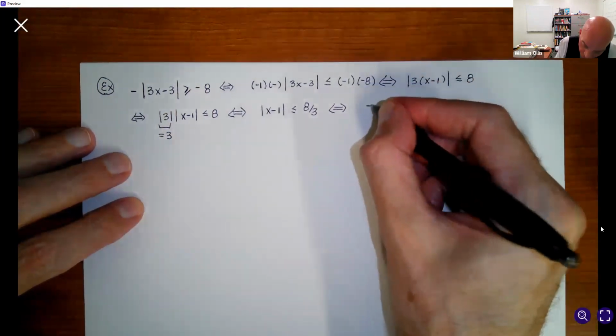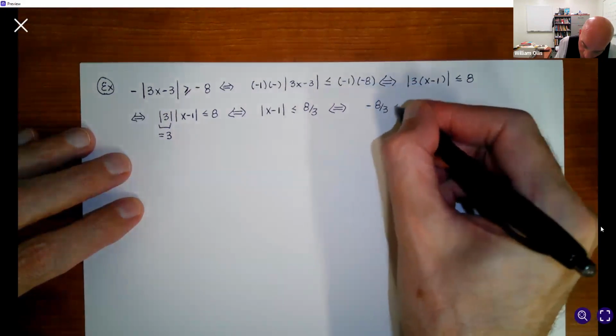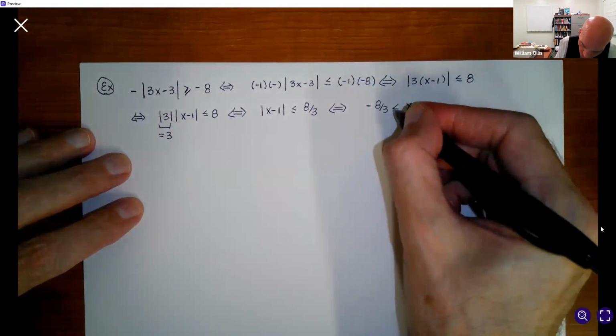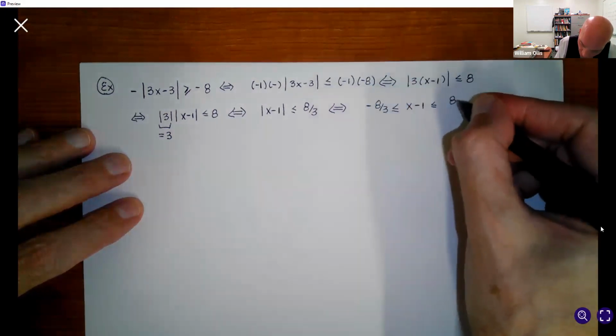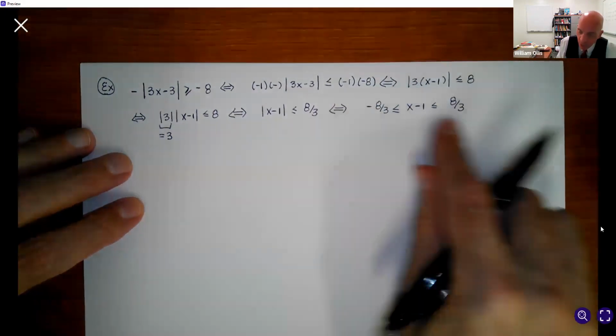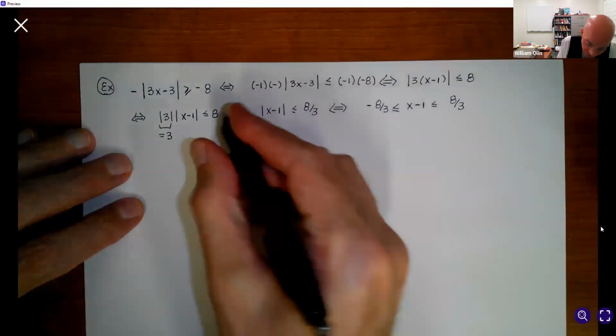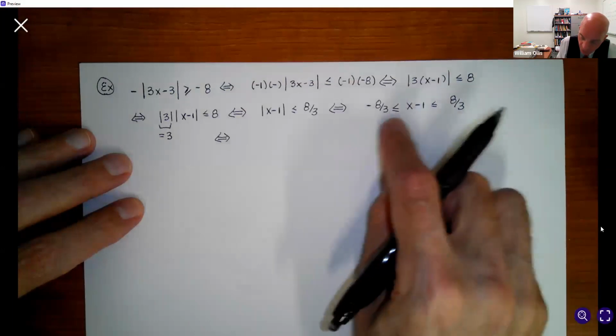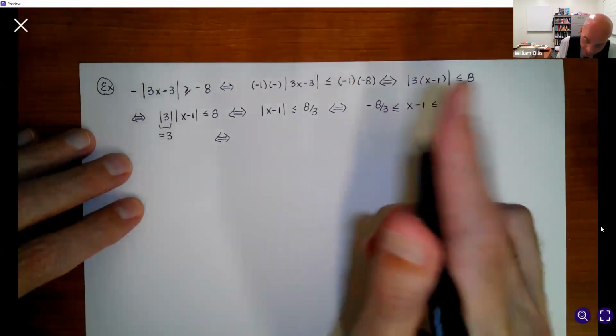And so now we have the negative of 8/3 less than or equal to x minus 1 less than or equal to 8/3. So now we can simply add 1 to all three sides. And just write the 1 as 3/3, since we need a common denominator of 3.